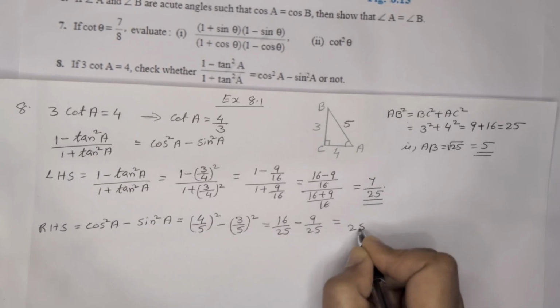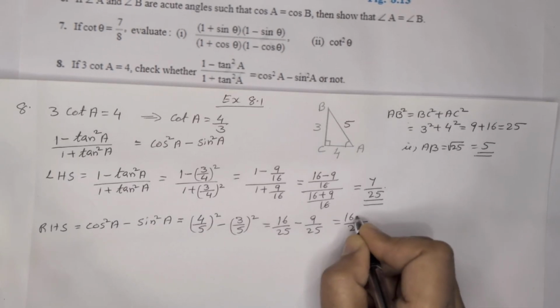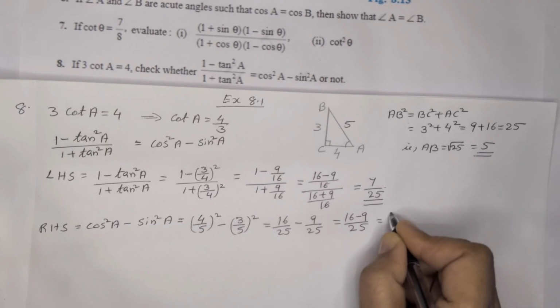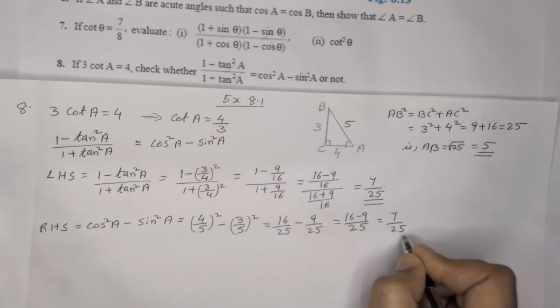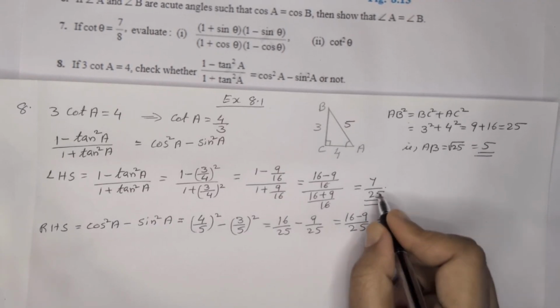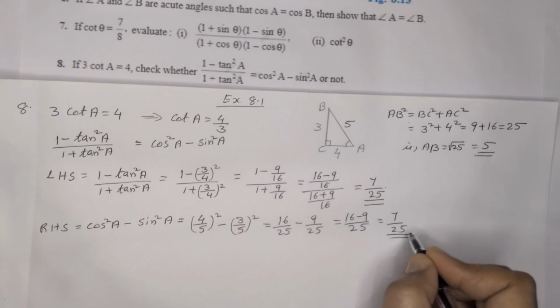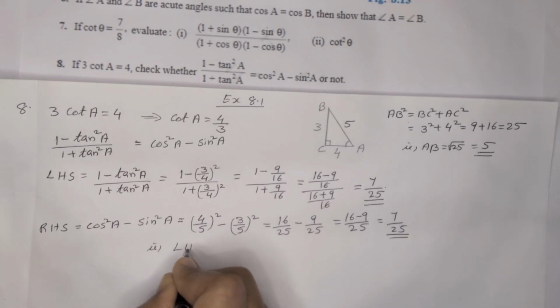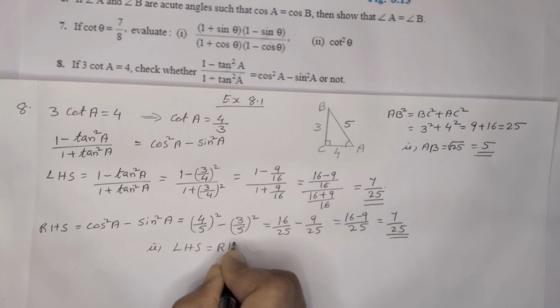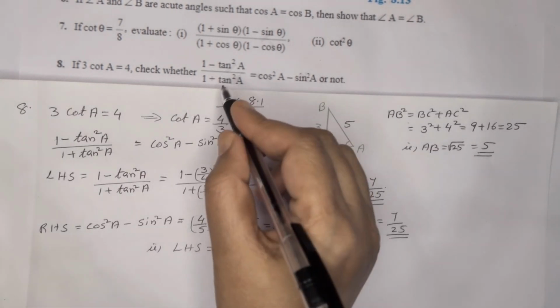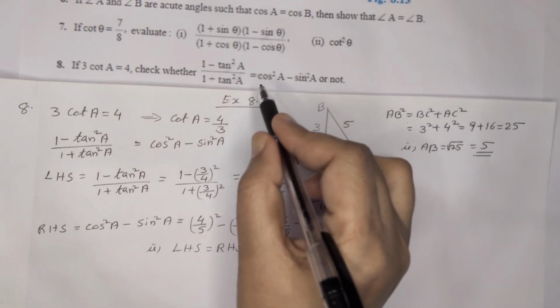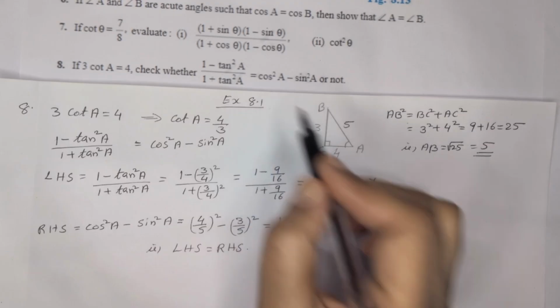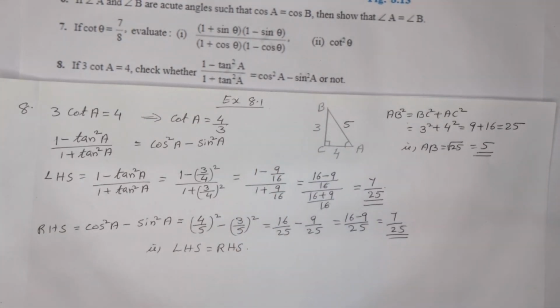With the same denominator 25, 16 minus 9, that means 7 by 25. Now we can see we got the same answer on the left side and right side. So we can write LHS is equal to RHS, which means 1 minus tan square by 1 plus tan square is equal to cos square minus sin square.